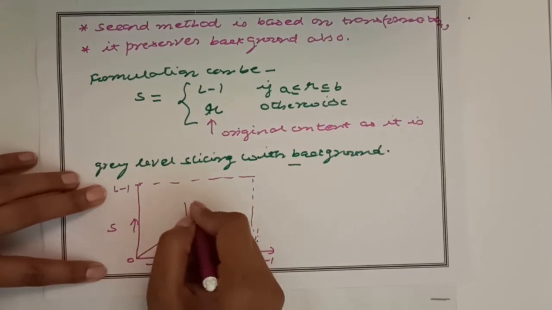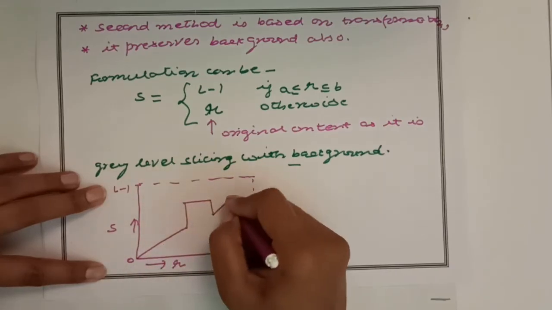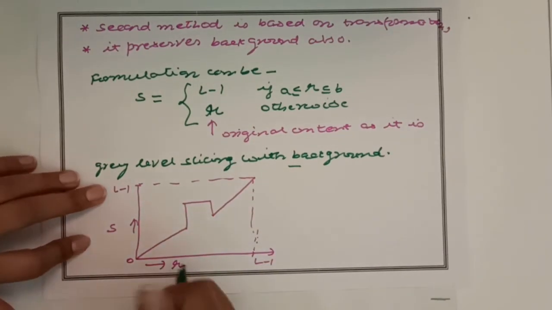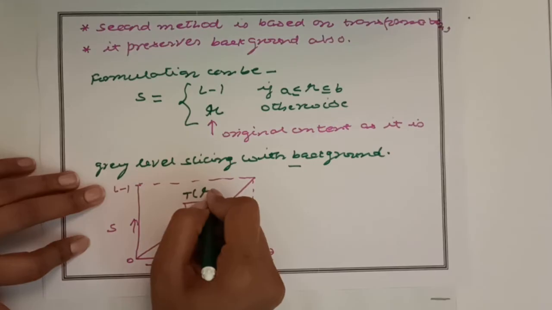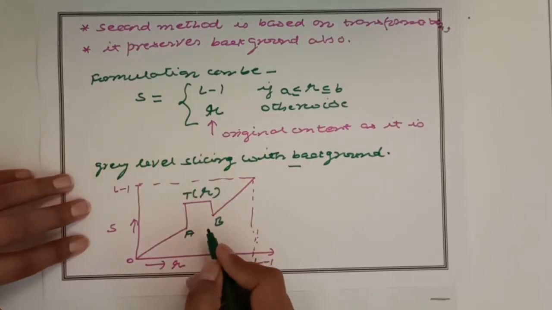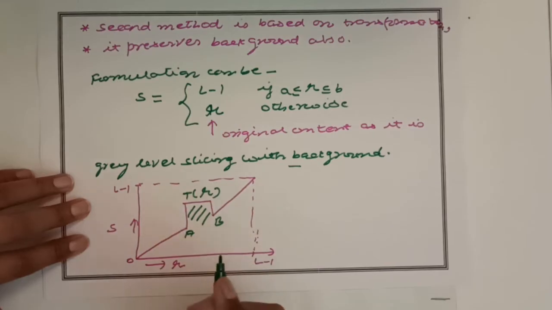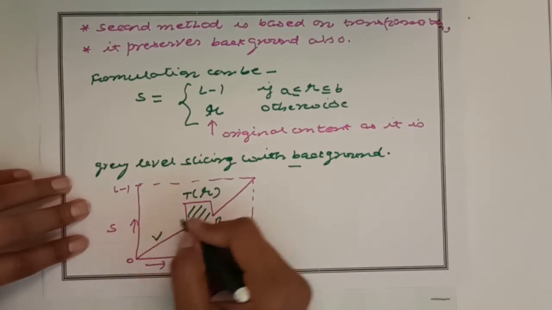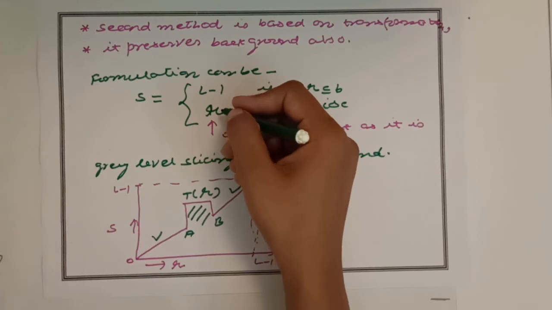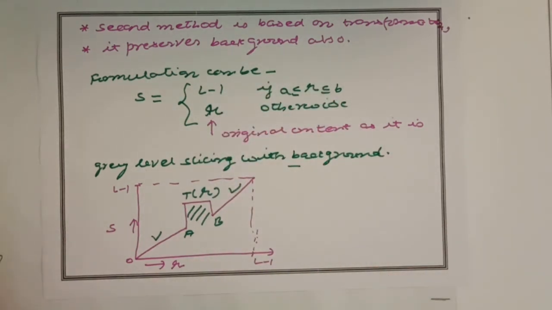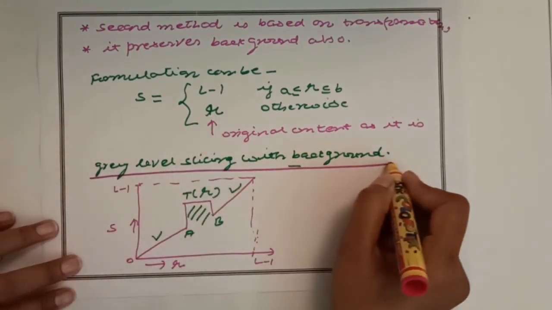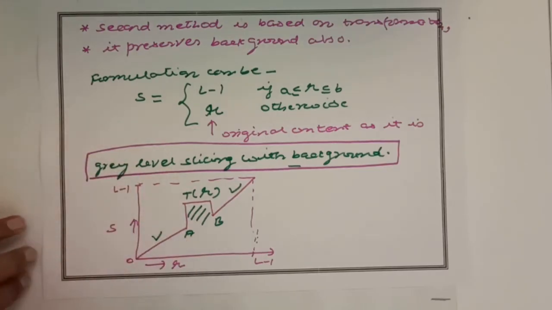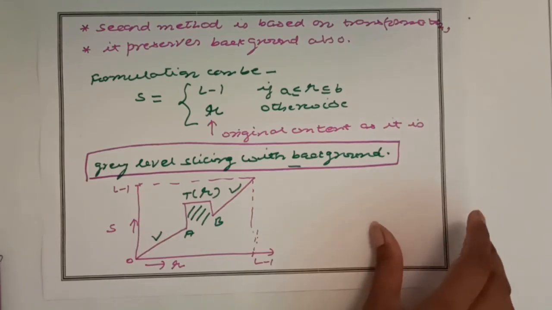If there is a variation from a point A to B, so this is what the transformed one. Here you can say that transformation is being done in between A to B while keeping all the other values intact, same as the given R. So this is known as gray level slicing with background. So there are two possible ways of slicing, without background and with background.